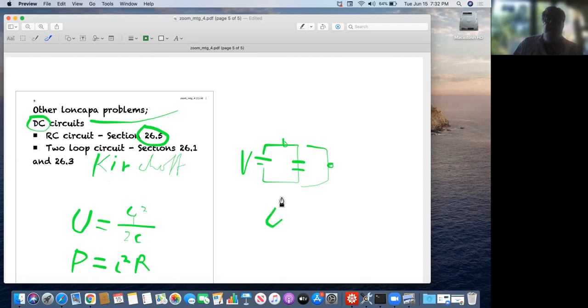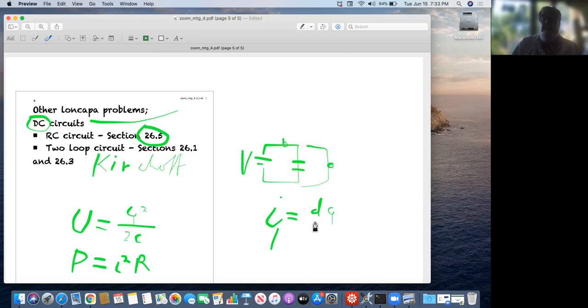So the current, this current, there are actually two currents. There's a current that comes down to the capacitor. There's also the current that goes through this resistor. But this current is equal to the derivative of Q, where Q is the charge on the capacitor.